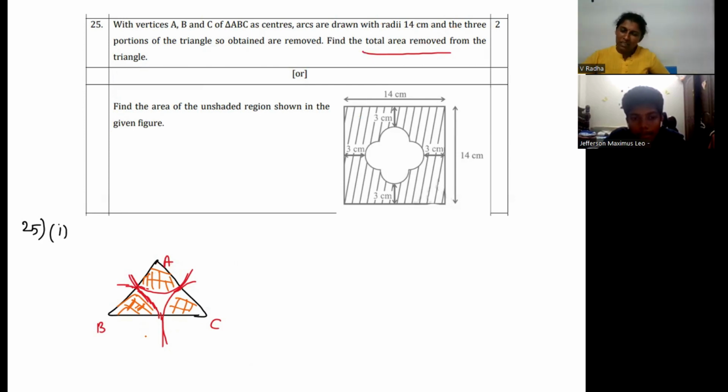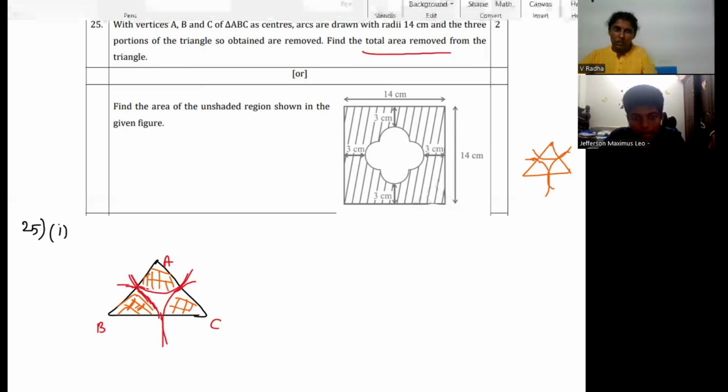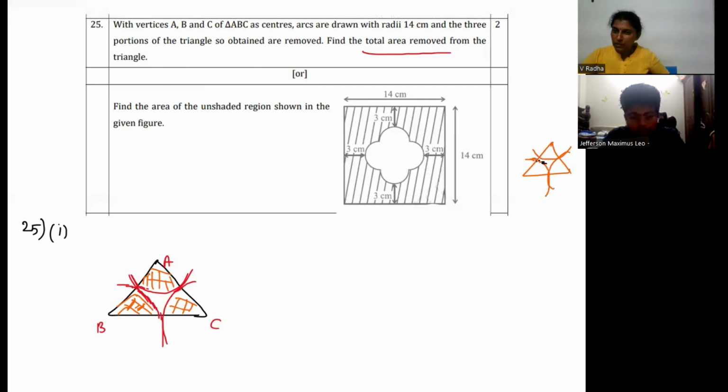The remaining portion would be the triangle minus the three sectors. Sometimes they ask such questions, meaning the area of the triangle minus three sectors, but here that is not the question. So we need just the three sectors' area only.